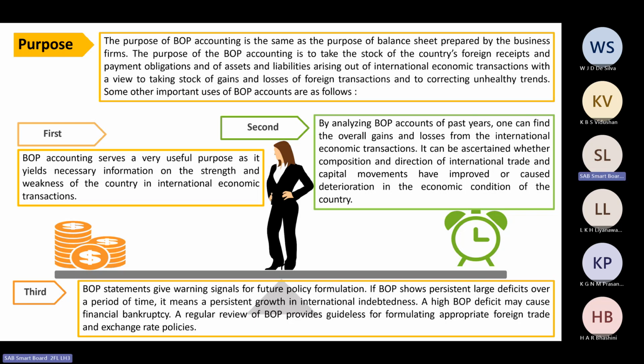That is the balance of payment. By looking at the balance of payment account values, we can decide whether this country is operating well with the transactions engaged with the outer world or not.